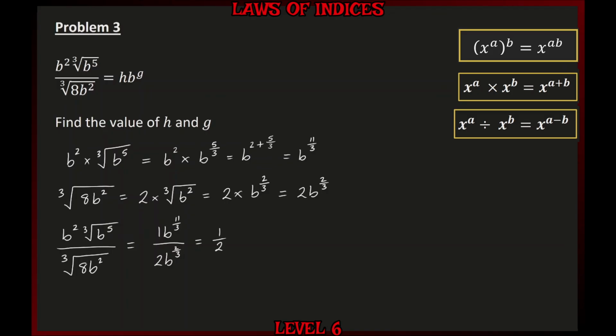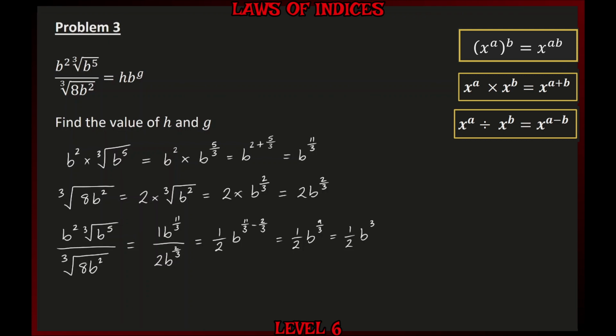And then b to the power of 11 over 3 divided by b to the power of 2 over 3 is b to the power of 11 over 3 minus 2 over 3. Now since 11 over 3 minus 2 over 3 is 9 over 3, we have a half b to the power of 9 over 3, and 9 over 3 is just the same as 3.